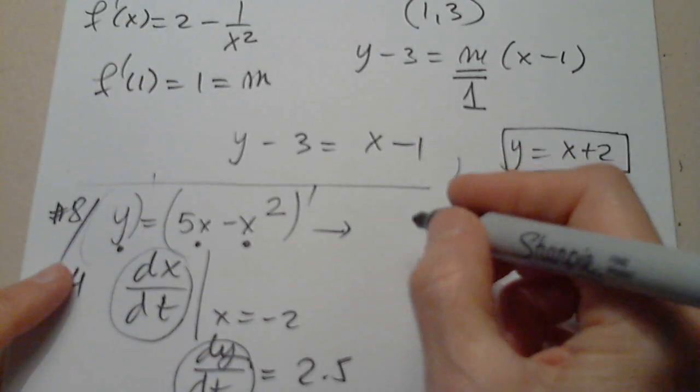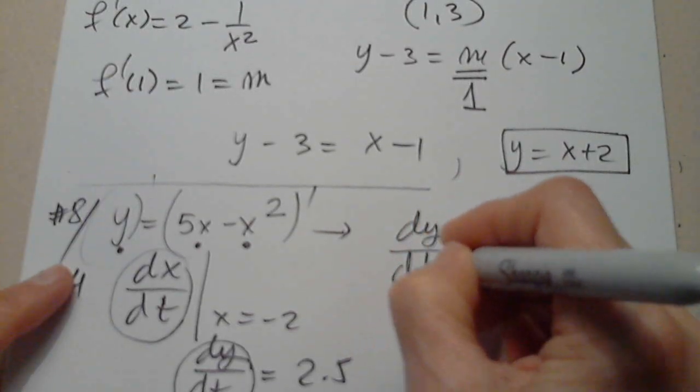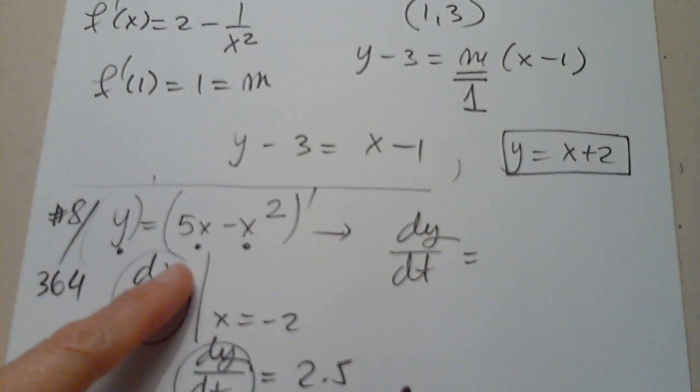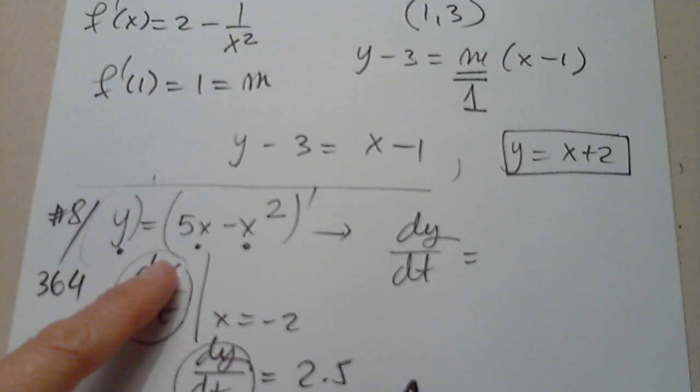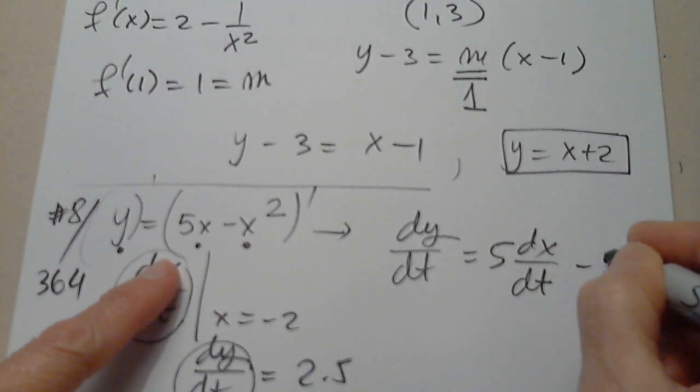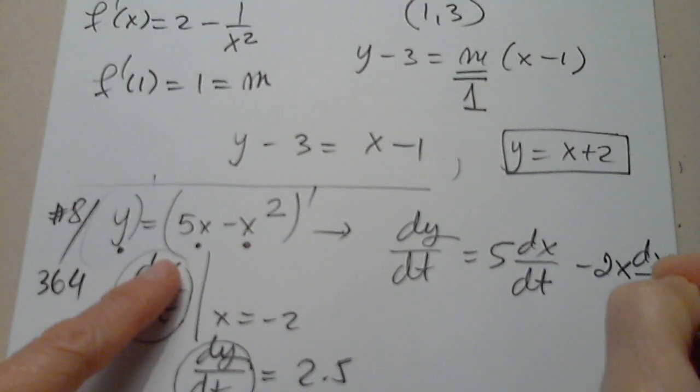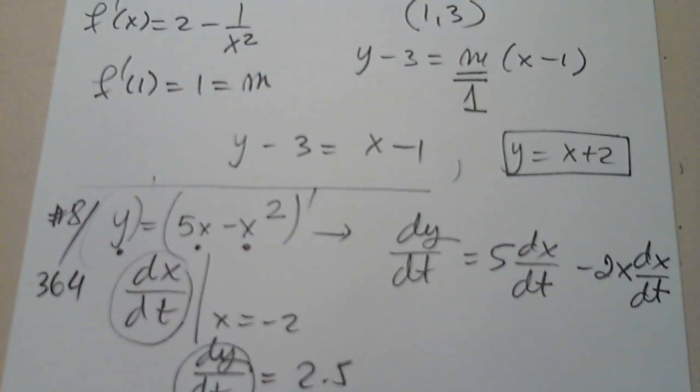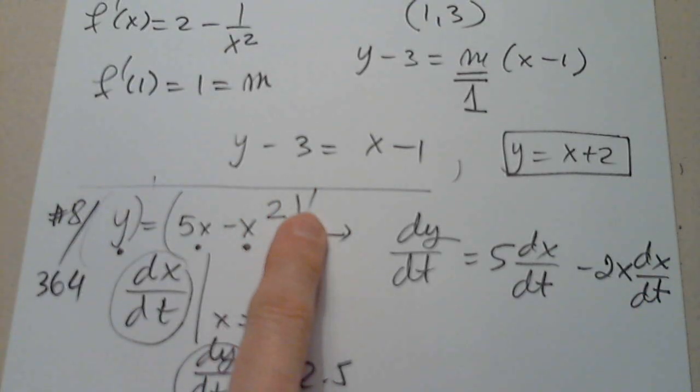So when I differentiate the left-hand side, I have dy over dt. When I differentiate the right-hand side, I have 5 dx over dt minus 2x dx over dt. Let's think for a moment and see if you understand this. 5 times the function prime is just 5 times the function prime, minus a function squared prime.